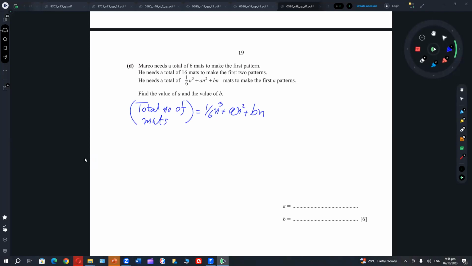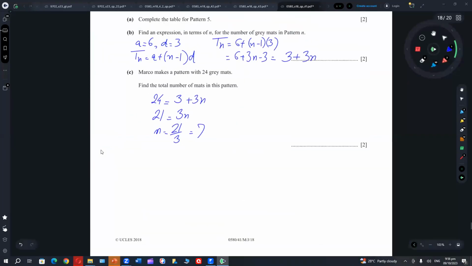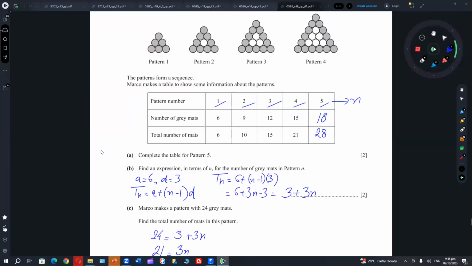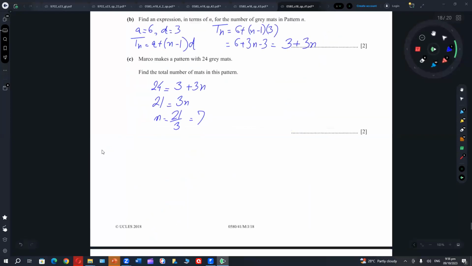So if I take n is equal to 1, what is the total number of mats? 6. Total number of mats is 6.